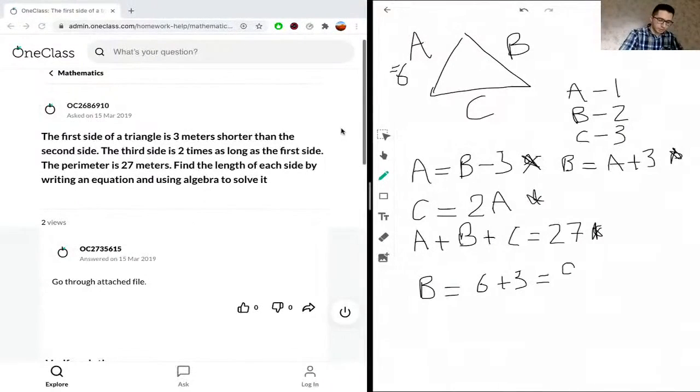So we know B is equal to 9. And then lastly, we know C is equal to 2 times A, so 2 times 6, and this will give us 12. So we know the last side is equal to 12.